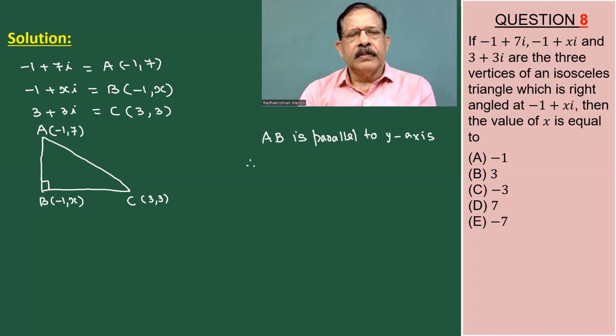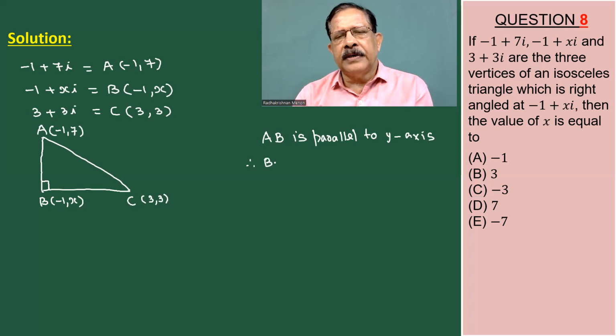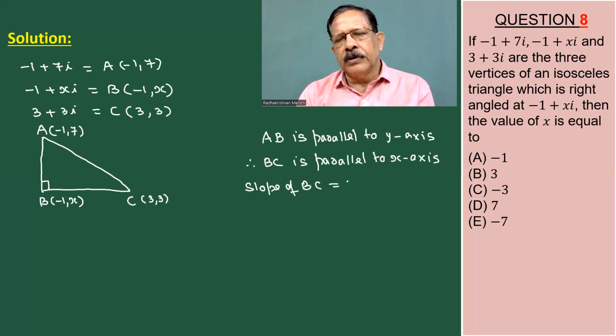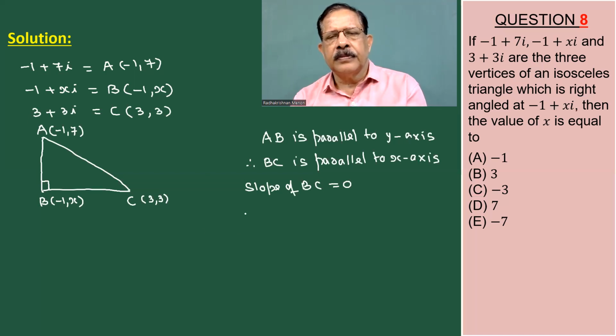Therefore, BC will be parallel to the x axis, because it is a right angled triangle, right angled at B. Now, what about the slope of BC? It is equal to 0 because the slope of the x axis is 0.